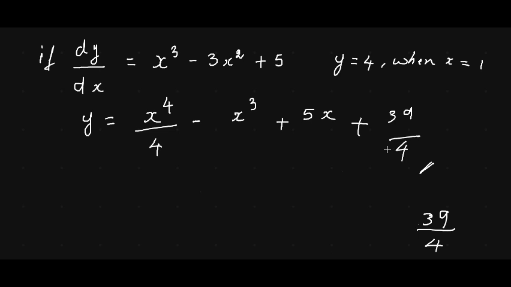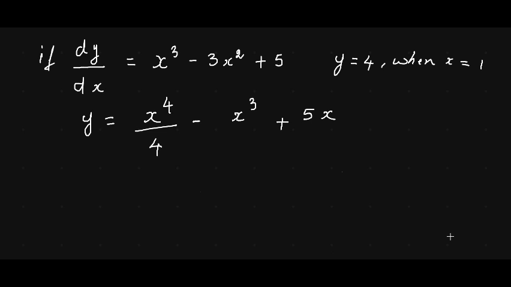So I made a calculation mistake, I'm guessing. So let me go back and revise that. So the 39 by 4 is not right. It's actually minus 1 by 4 is what the book says. So I'm going to solve this problem again.